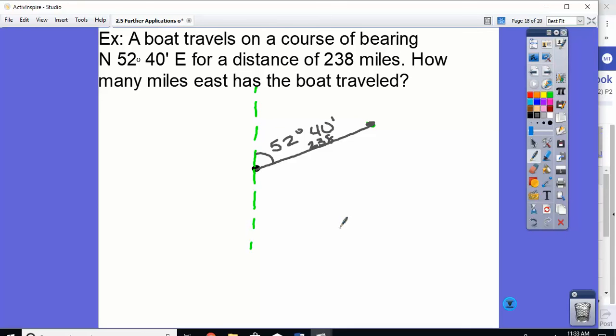How many miles east has the boat traveled? What would I do? I need a triangle. I have two options. I can draw the triangle down here, or I can draw the triangle up here. Which one do you want? Down? Okay. So if we're assuming this is east, north, south, and east, west would form a right angle. What am I going to have to do?